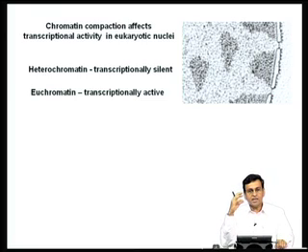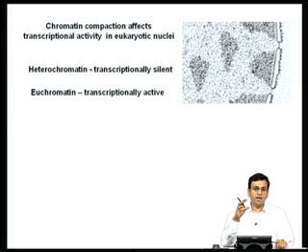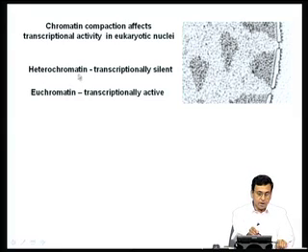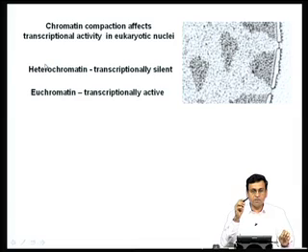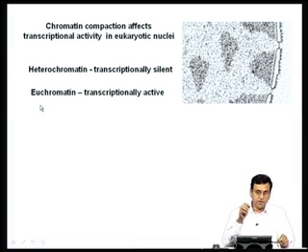They realized that when they stain eukaryotic nuclei, or even Drosophila polytene chromosomes or lampbrush chromosomes, there are some regions of DNA which get densely stained and some regions of chromatin which get very thinly stained. These densely stained regions of chromatin are often referred to as heterochromatin, whereas the lightly stained regions are referred to as euchromatin.